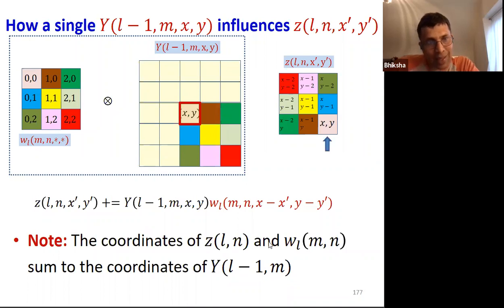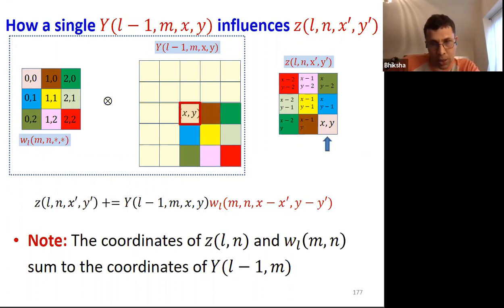So generalizing that, for any x prime y prime element of z, if I want to find the contribution of any xy element of y to any x prime y prime element of z, then z x prime y prime is going to get a contribution y xy times w of x minus x prime, y minus y prime. The indices of the weights and the location in z sum up to the indices of the y element.